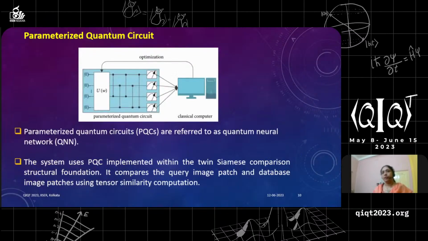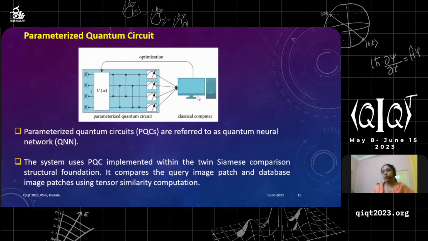We have implemented a parameterized quantum circuit or quantum neural network within the Siamese network architecture to retrieve affected retinal images. Here we can see from the diagram that the ground state, that is ket 0, is passed through some unitaries, then some quantum gates are applied, and at the output end we get the measurement values.